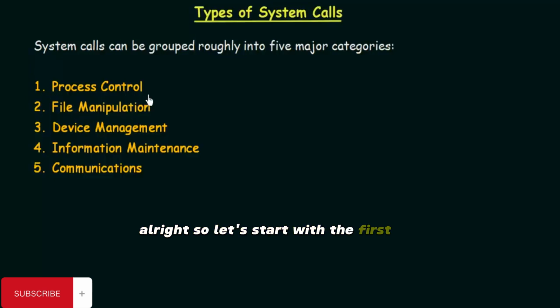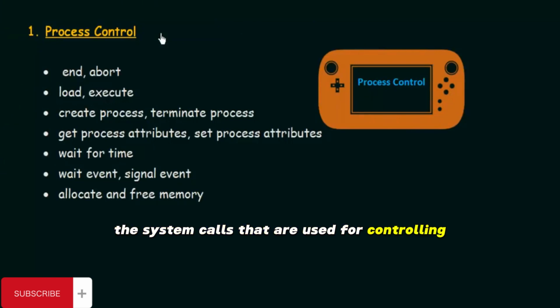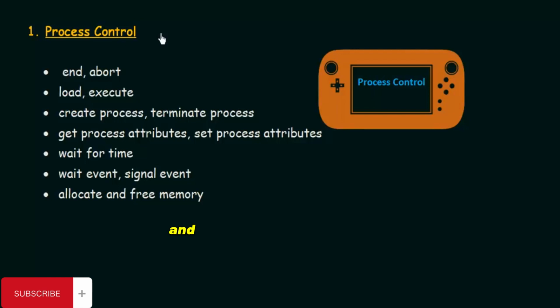Alright, so let's start with the first one, which is process control. By process control, we mean the system calls that are used for controlling processes. We know that there are various processes running in our system, and all these processes need to be controlled. For example, when a process is running, it has to run, and it has to terminate or halt, either normally or abnormally.